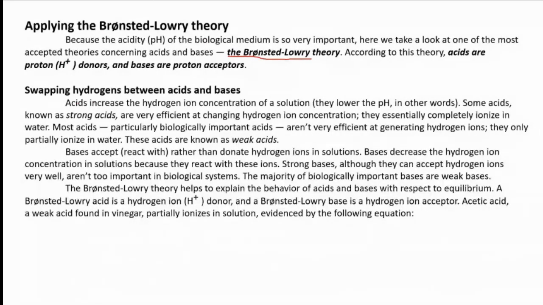So acids increase the hydrogen ion concentration of a solution. Nakita natin kanina kasi di ba na-dissociate sila into their ions. Example, we have your HCl, dissociates siya completely into H plus and Cl minus.